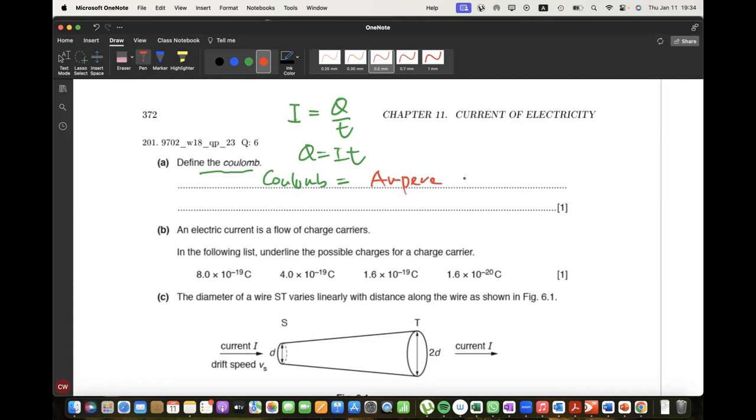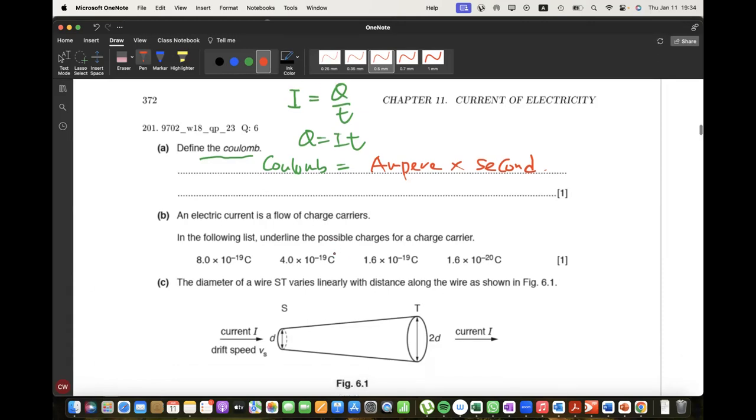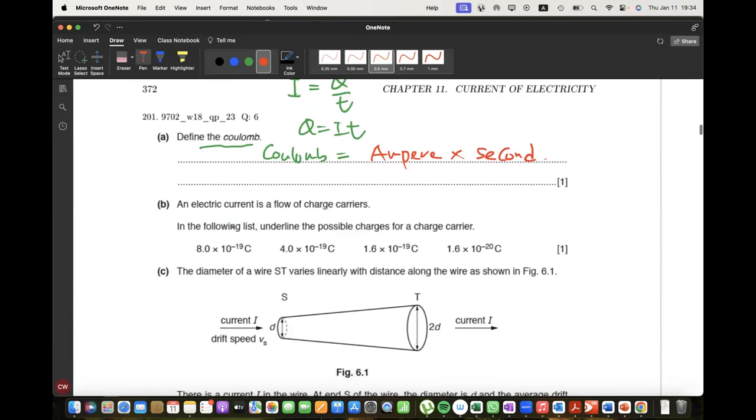Do you know about the unit for time? Second. Okay. So it's ampere times second. Coulomb equal to the product of ampere and second. Okay. B, the flow of the charge.